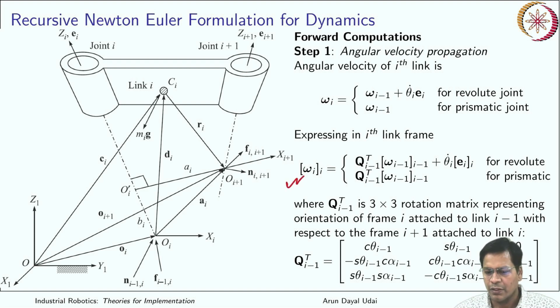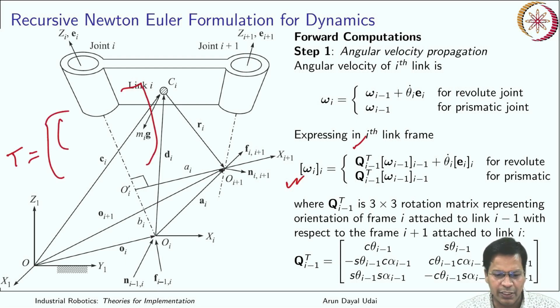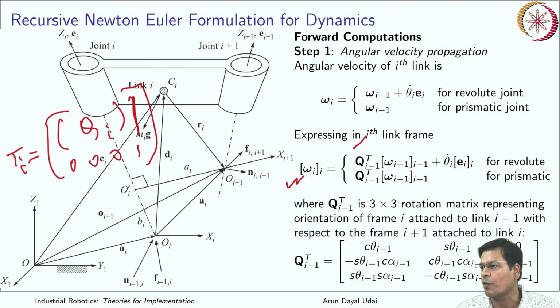So what is this actually? This is Qi. You know this very well. Qi minus 1 is a rotation matrix, a subset of the transformation matrix. It has a 3 cross 3 rotation matrix, and translation over here, and this was 0, 0, 0, 1. So this was your Q, and that can be obtained from the transformation matrix.